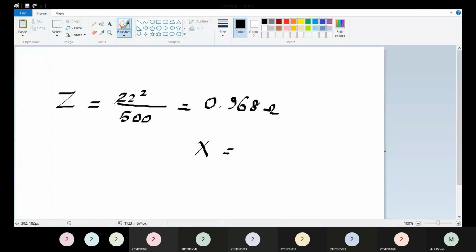Okay. So that value we determined as 22 square by 500, that is 0.968 ohm. The value given is 1.1 per unit, so I'm multiplying it with Z. This is the actual ohmic value of the reactance: 1.1 times 0.968, so it is 1.065 ohm.